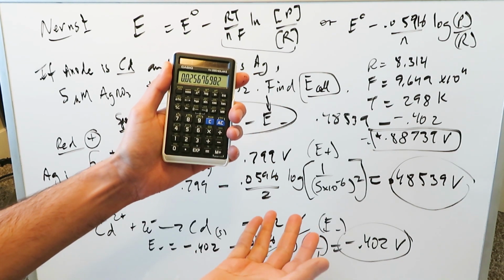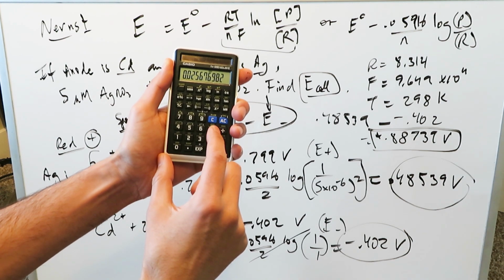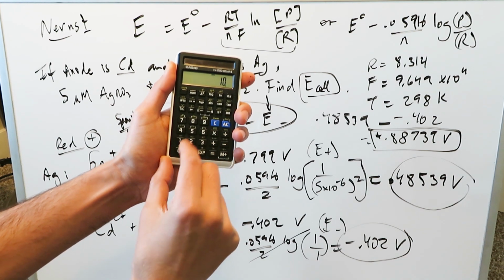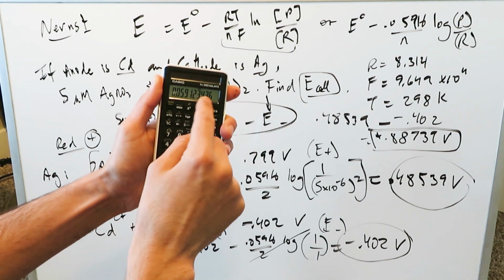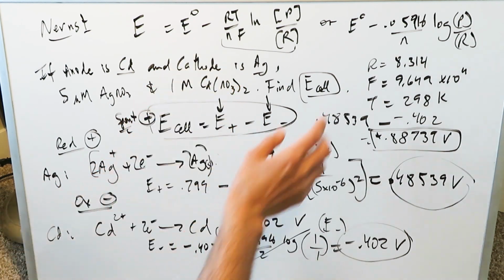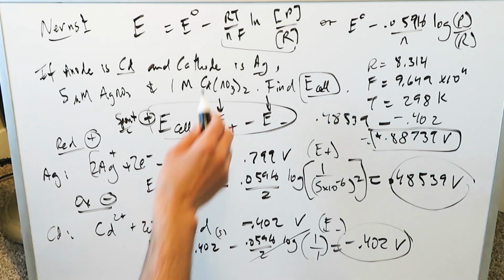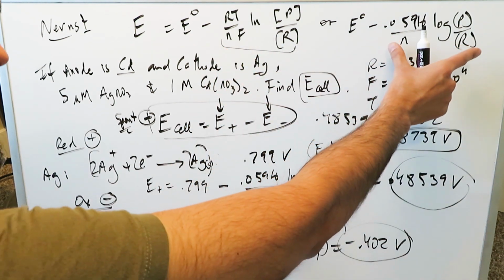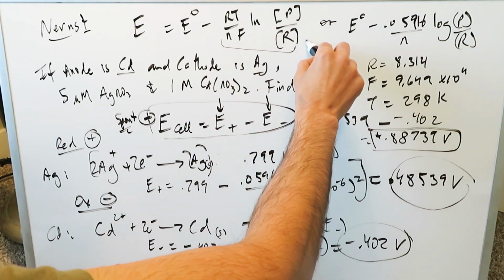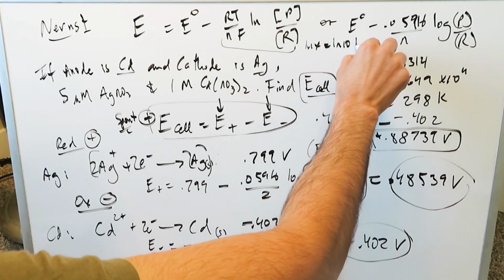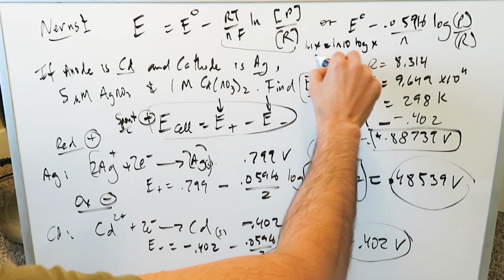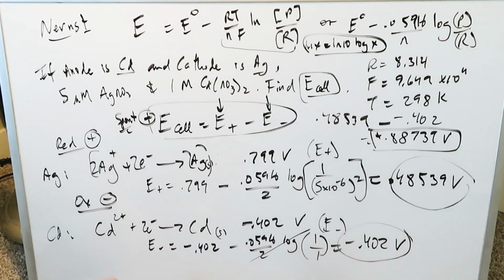The n stays as the n in the denominator, but you multiply this by natural log 10 and you'll have 0.0591. The decimal places are creating the difference here, but it's 0.0591. So keep that in mind. What I showed you at the very beginning, the only difference between this and this is that the natural log of a value is equal to the natural log 10 multiplied by the log of that same value. Hence, you're getting this conversion.